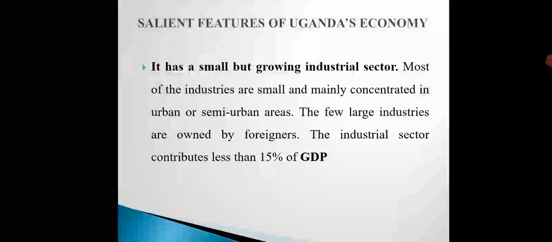However, this industrial sector is small but growing, and most of these industries are basically found in urban and semi-urban areas. So you find that the few large industries we have in Uganda are owned by foreigners. So this industrial sector, since it is small, contributes only 15% or less than 15% of the GDP.